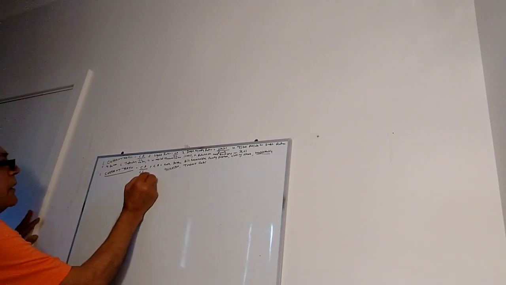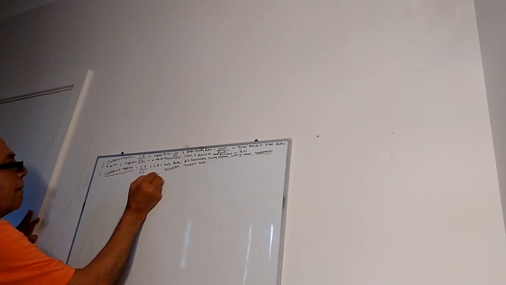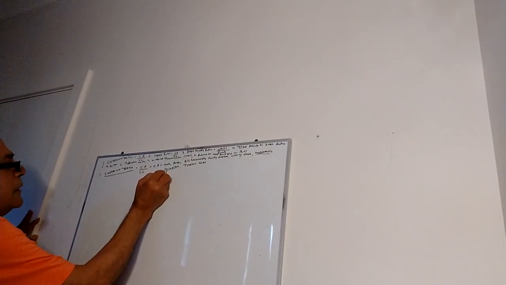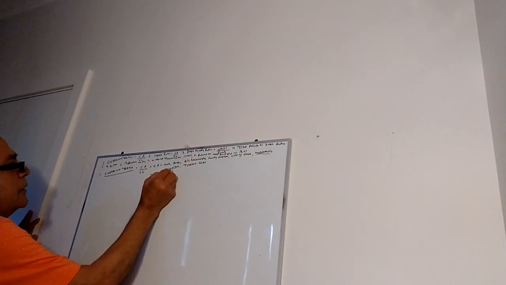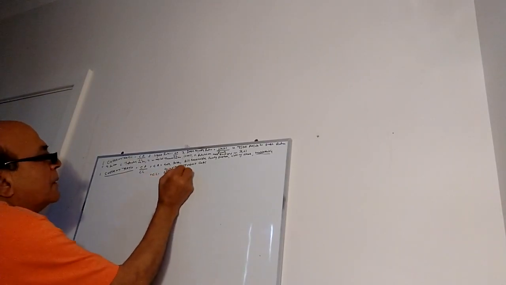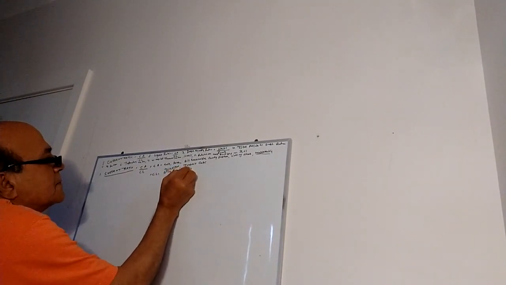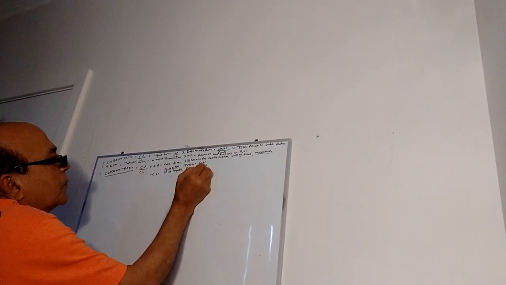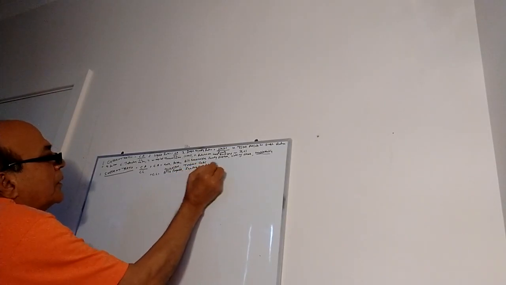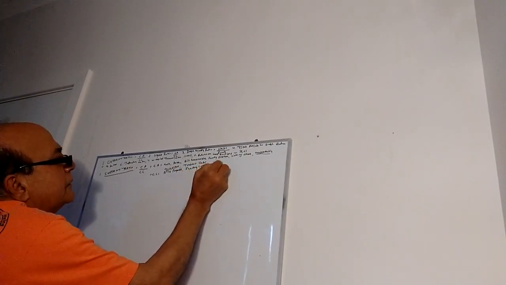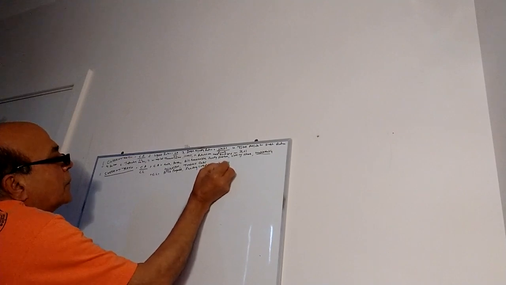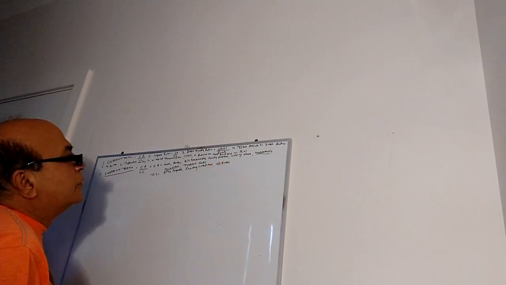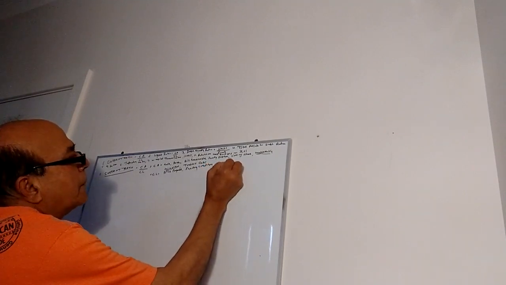Then what are current liabilities? Bills payable, sundry creditors, outstanding expenses, short-term loans.